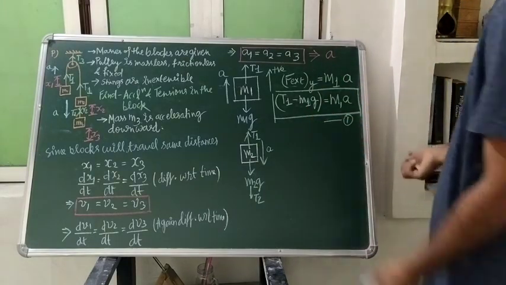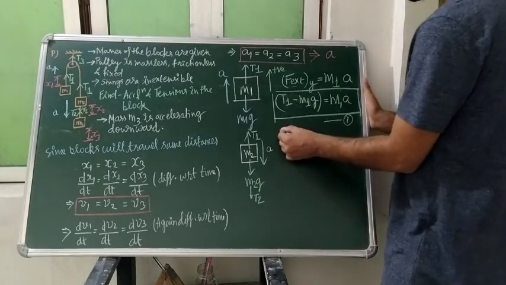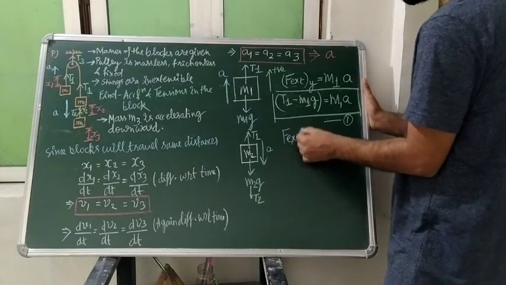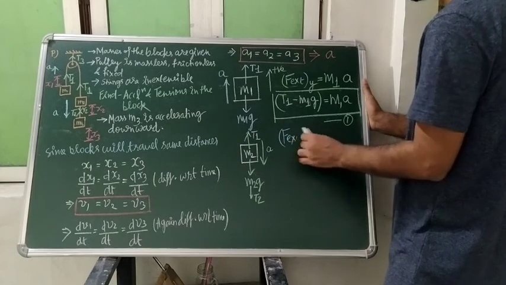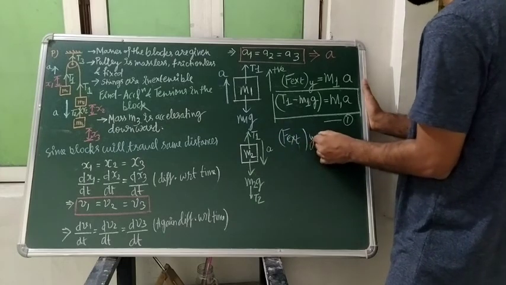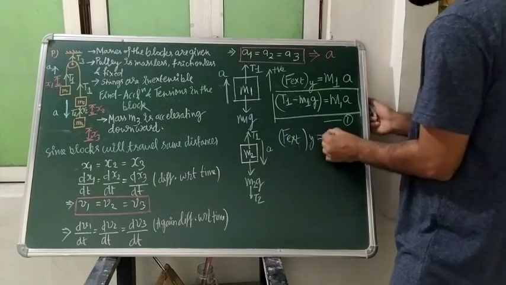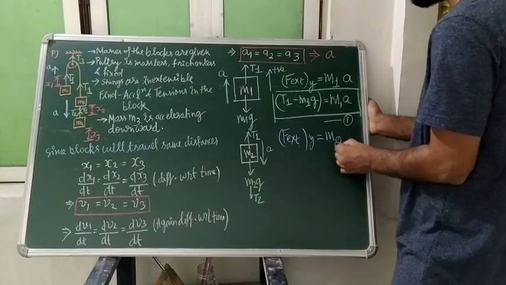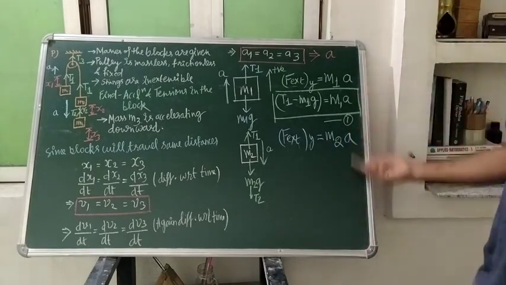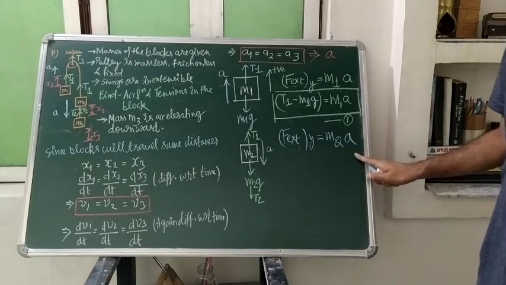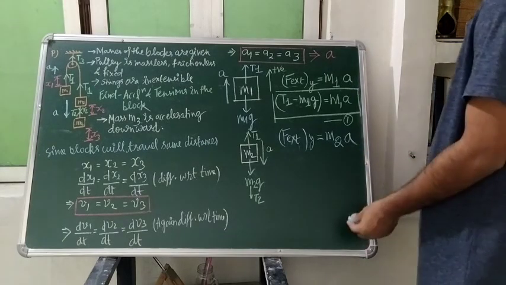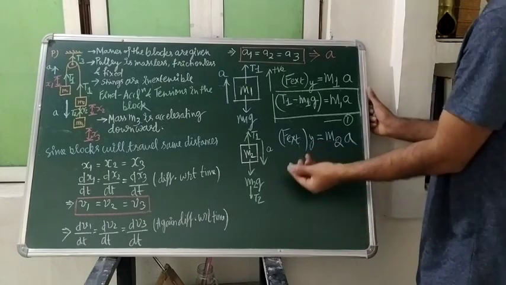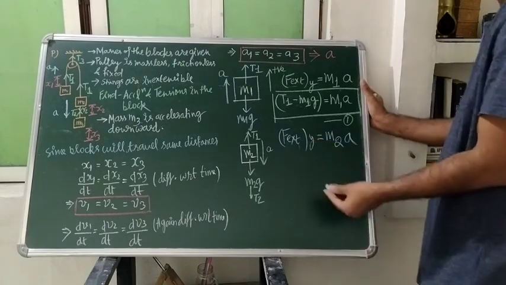So F external in the y direction should be equal to what, student? It should be equal to m2 times a, since the acceleration is the same. So what are the F external acting here?